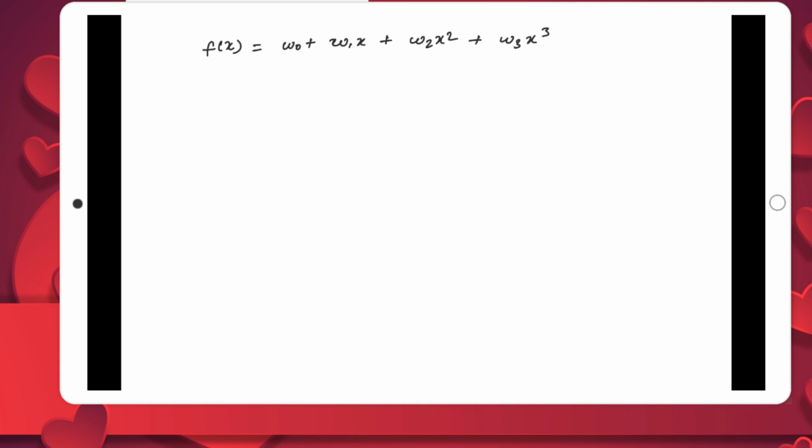In general, we know this is the formula which we fit. So to a greater extent, what we do is take these x square and x cube, plus and so on, and we treat these as different features.